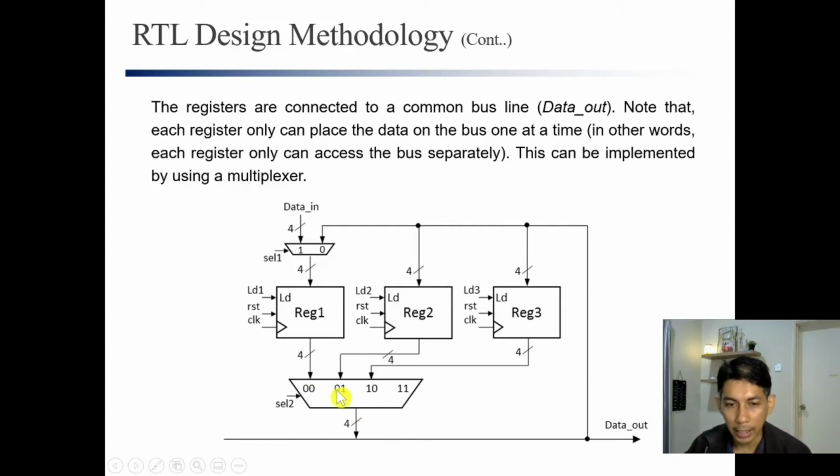For example, in this case, if we set this to 00, then only the data from REG1 is allowed to enter the bus. If we set it to 01, only this data can go to the bus. And if we set SEL2 to 10, that one is allowed to go to the bus. So this is only one way to implement the bus.